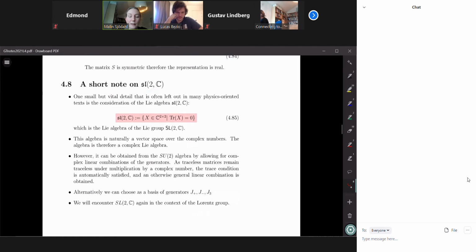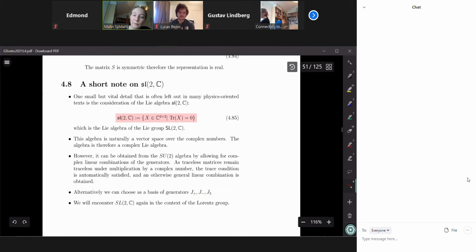And actually, we have already encountered some operators which we alternatively could see as generators for the SL2C space. So instead of sigma 1, sigma 2, and sigma 3, we could have taken J plus, J minus, and J3, allowing for complex coefficients. That would also do the job.